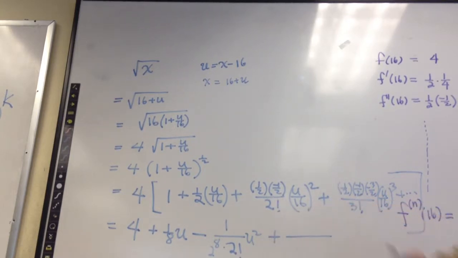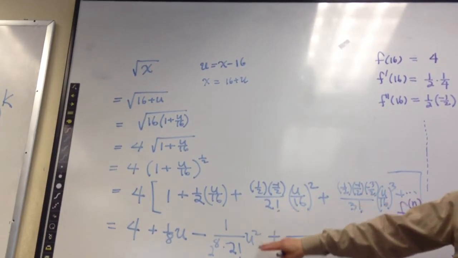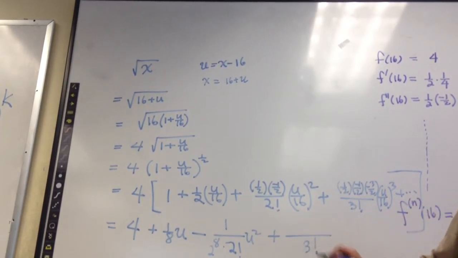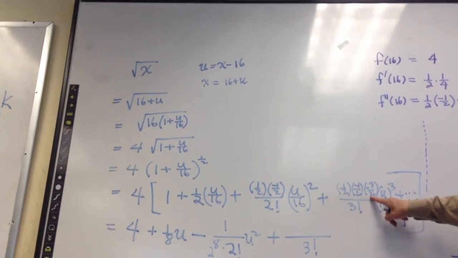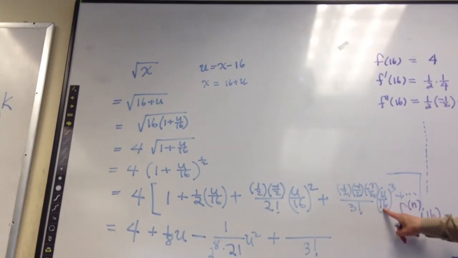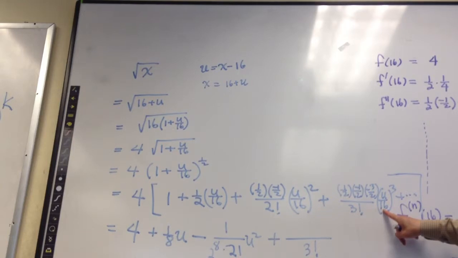So if you move on to the next term, what happens? Next time you're going to have, rather than 2 factorial, 3 factorial, right? And then you're going to have one extra 2 here in the denominator, and also one extra 16. 16 is 2 to the 4th power.